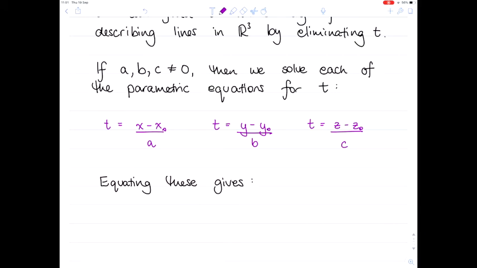So we get what are called the symmetric equations, which are x minus x naught over a is equal to y minus y naught over b, which is equal to z minus z naught over c. And this is called the symmetric equations.